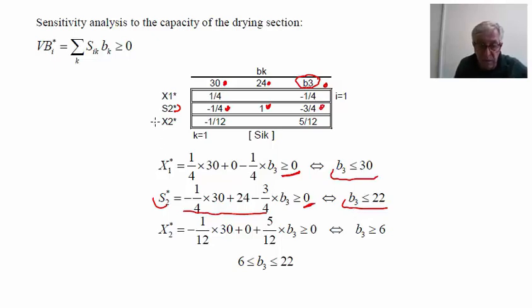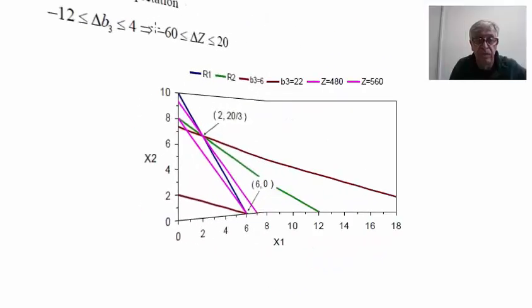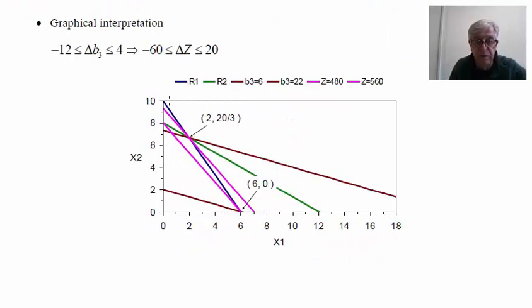Doing the same for the last basic variable, we obtain another condition. Considering the three, we arrive at this range for the variability of the third department.